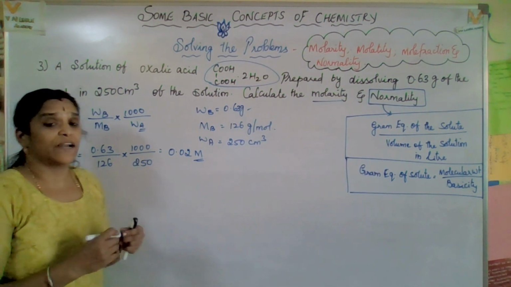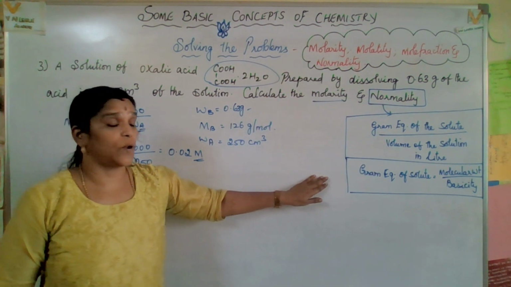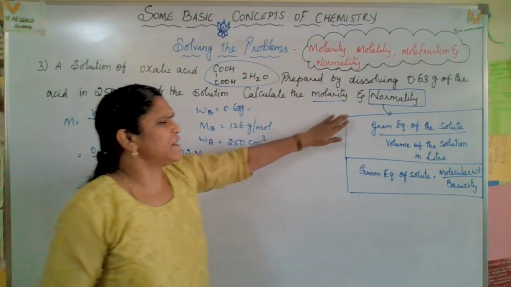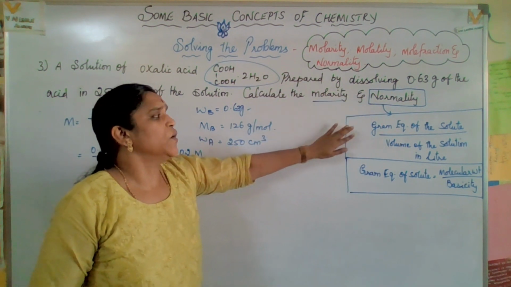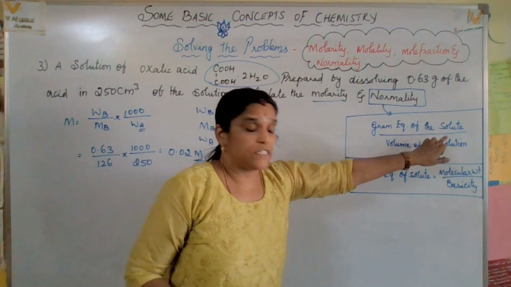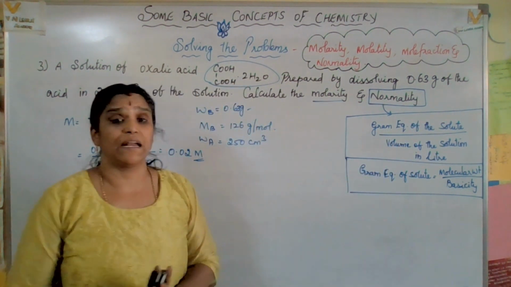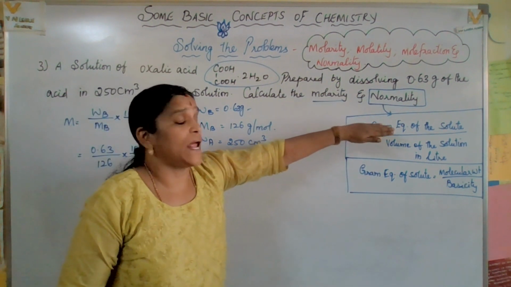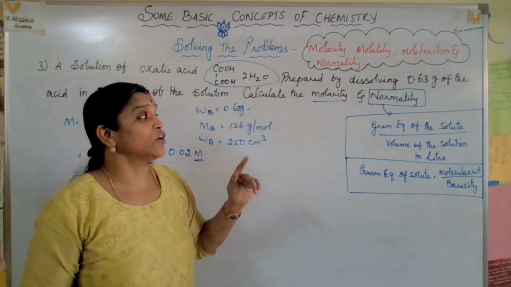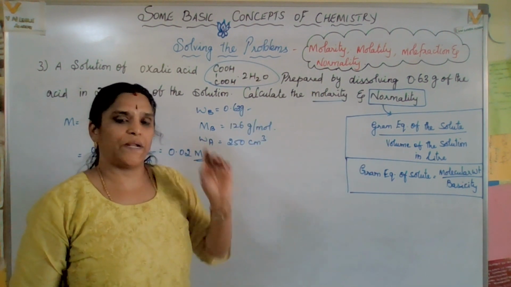Now I would like to introduce normality. How to calculate the normality? It is very simple. Normality is equal to gram equivalent of the solute divided by volume of the solution in liter. Gram equivalent weight, we have already gone through in the equivalent weight video, please check it.